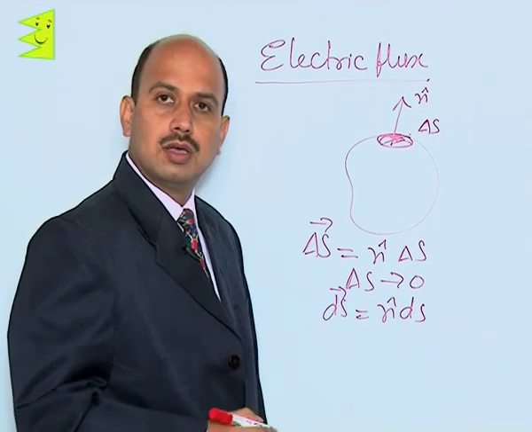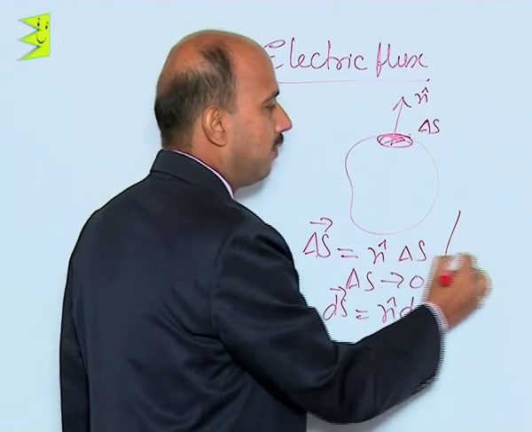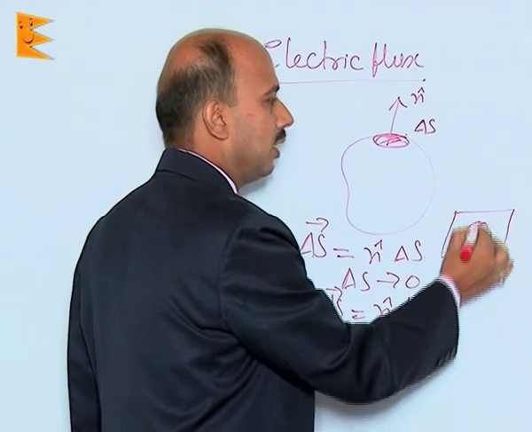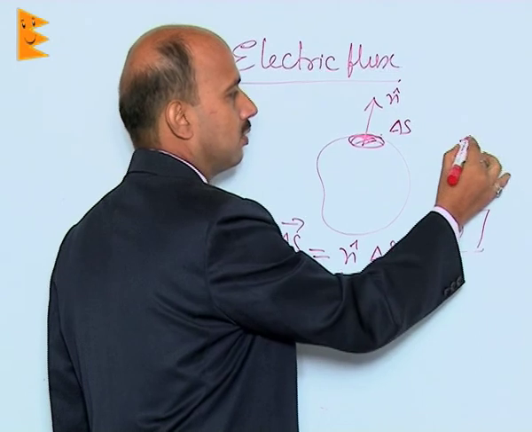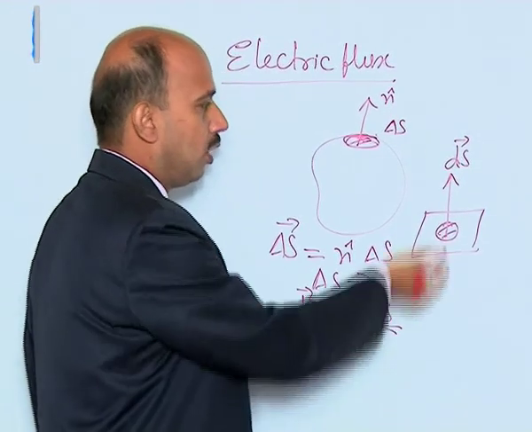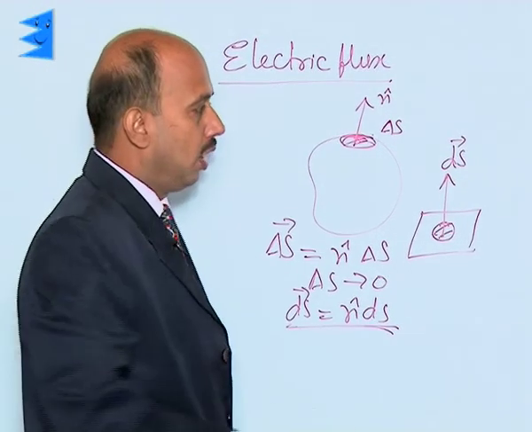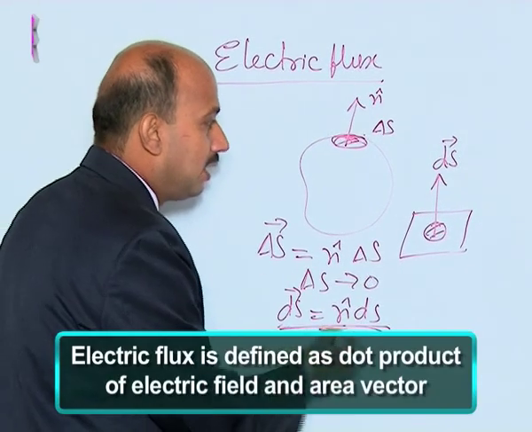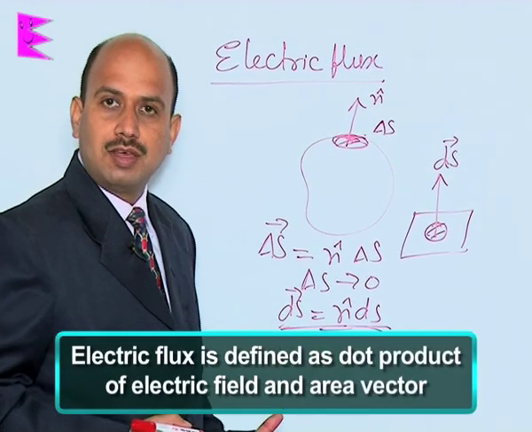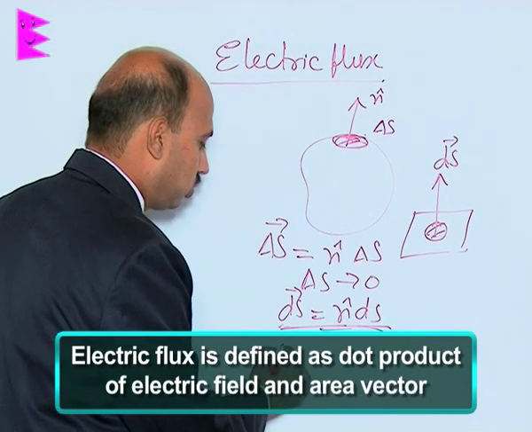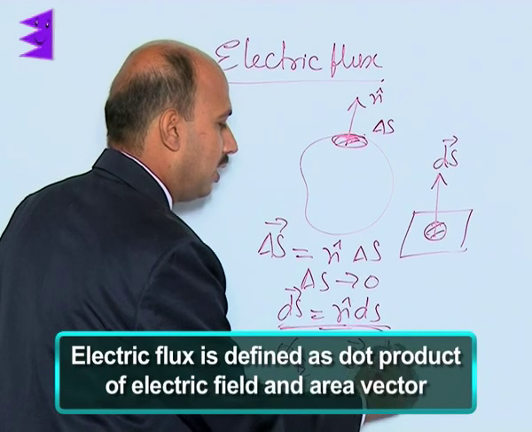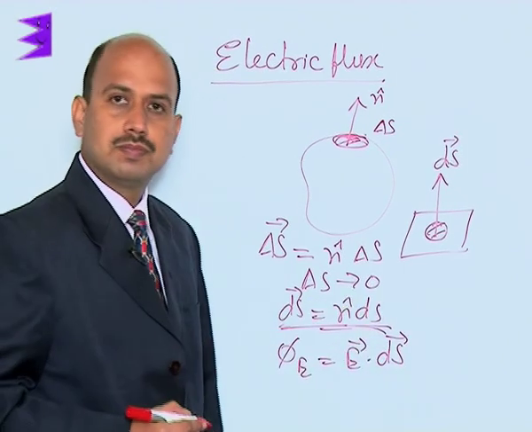So if you have taken any surface like this, or a closed surface, and you take a small area element, this is taken as the area vector and its direction is the outward normal. So the outward normal you have taken is dS. Electric flux through any surface is defined as the dot product of electric field and area vector.